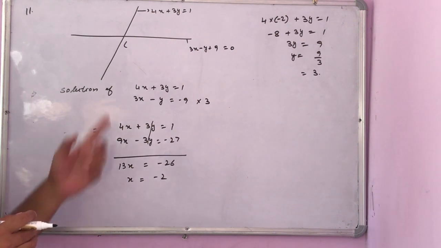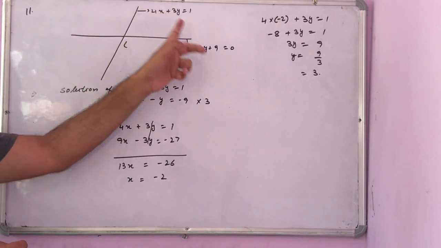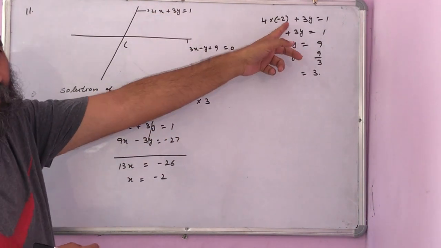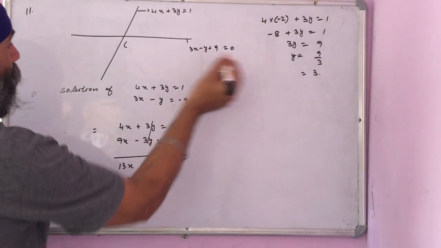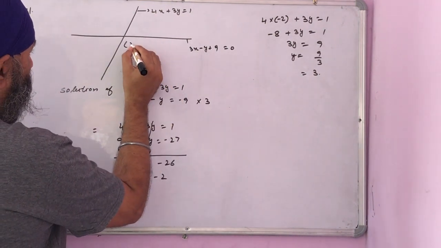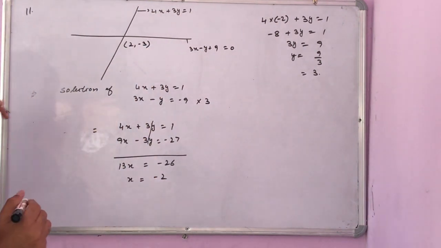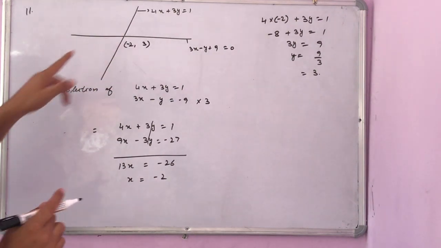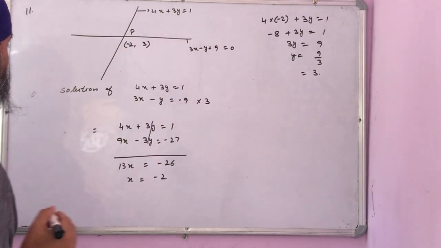That you should remember. If I have to find the point of intersection of two lines and the equations of those lines are given, I solve them simultaneously, as we have done in 9th class and 8th class. Then find the values of x and y. This point will be minus 2 and 3. This is the point of intersection of these two lines. I call this point P.